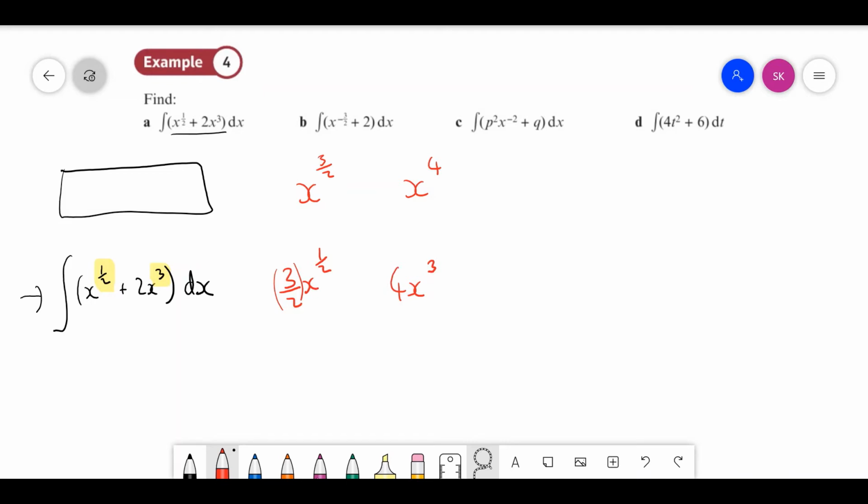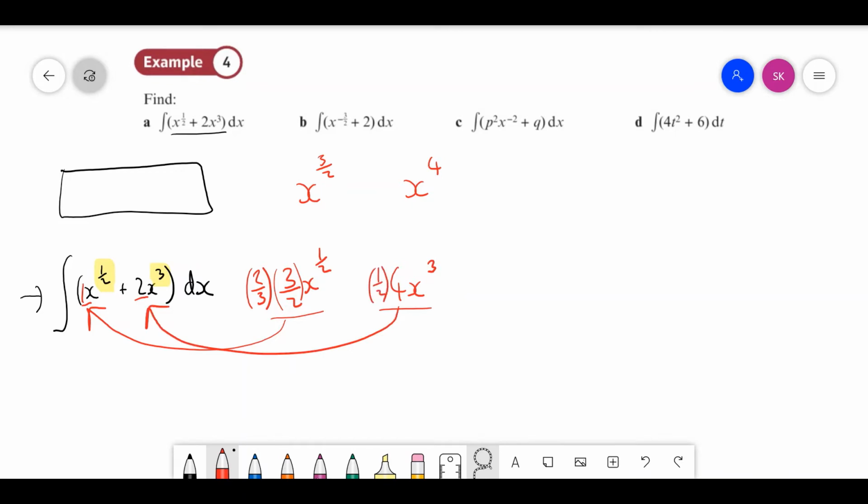Now it's all about figuring out what we need to times both of these terms by in order to give them the same coefficients as we have over here. So what do I times 3 over 2 by to make it equal to 1? Well, I just times it by the reciprocal. What do I times 4 by to make it into 2? I times it by a half.